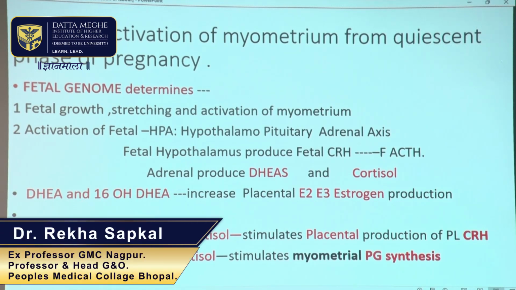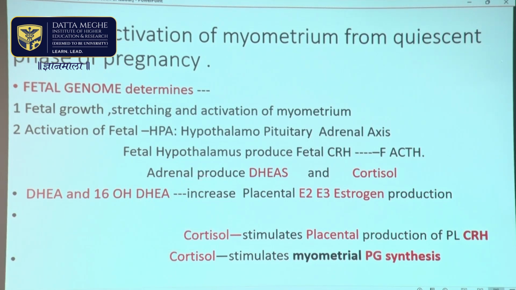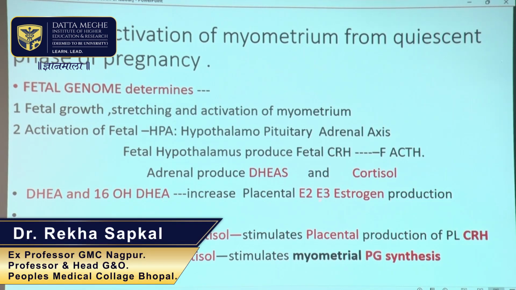DHEA and 16-OH-DHEA produced by the fetal adrenal glands increase the placental production of E2 and E3 estrogen. E2 is produced from DHEA, and from 16-OH-DHEA, E3 hormone is produced.